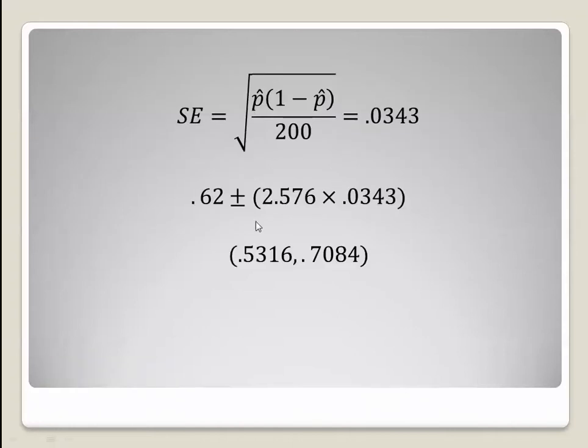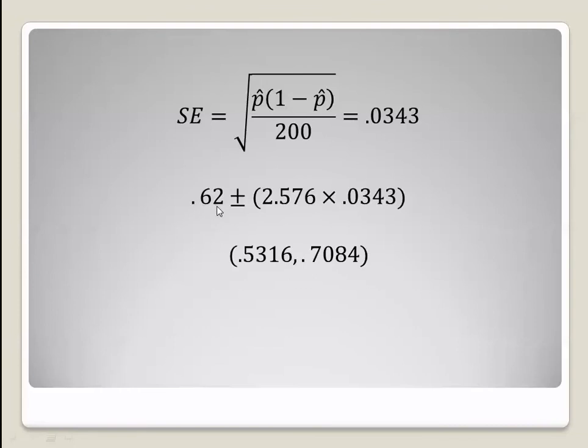So here we have our standard error. Well, p hat was 0.62. When you divided the number that had kids, 124, by 200, you should have gotten 0.62, which makes 1 minus p hat 0.38. Divide that by 200 and take its square root, and you get 0.0343.